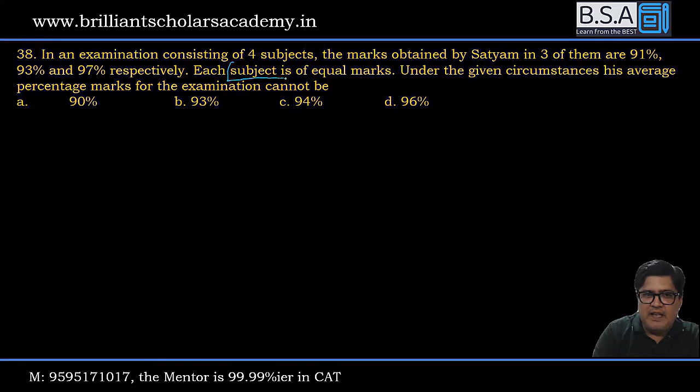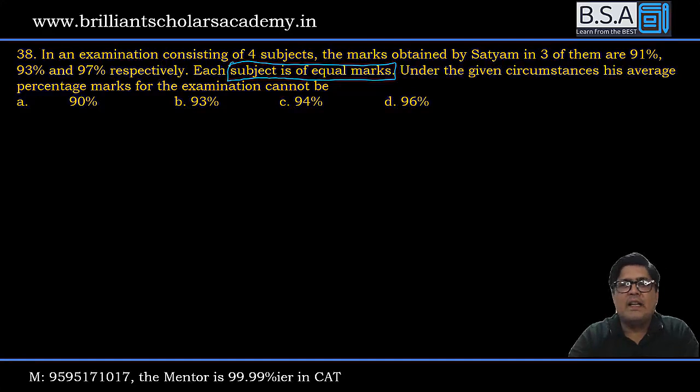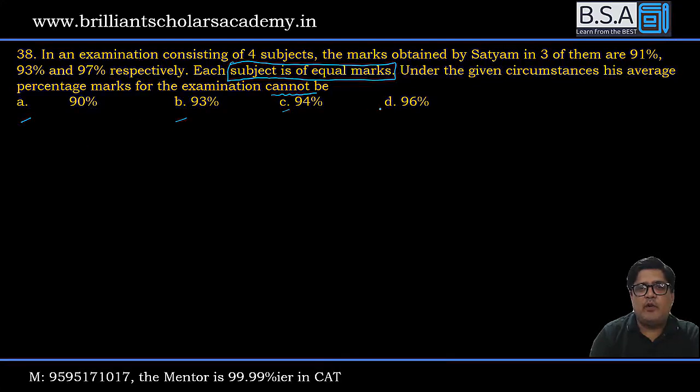This is very important. This is critical. This I have shown you earlier. Under the given circumstances, his average percentage marks in the examination cannot be. Out of the 4 values given to you, 3 values can be and 1 value cannot be.